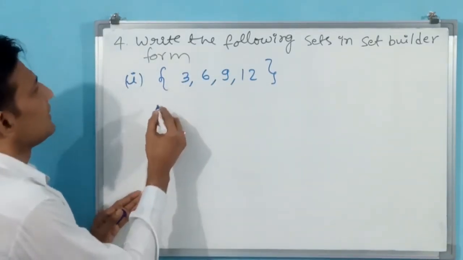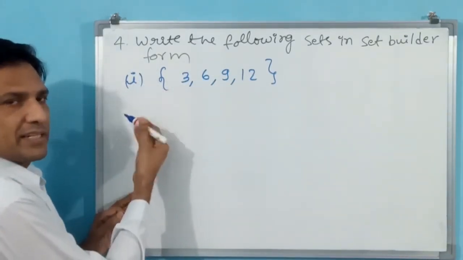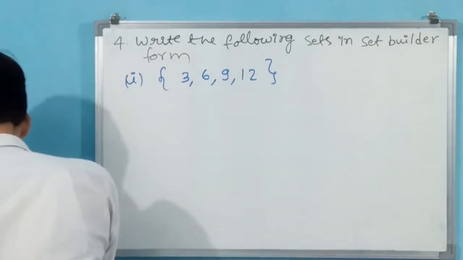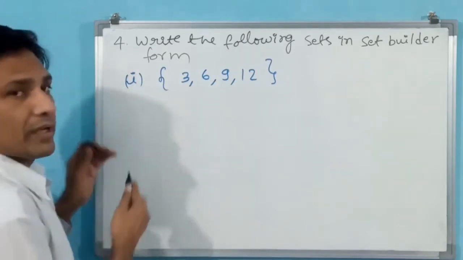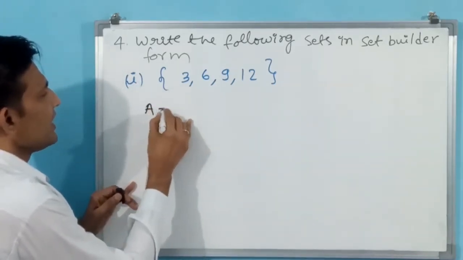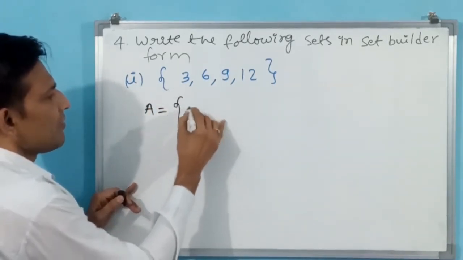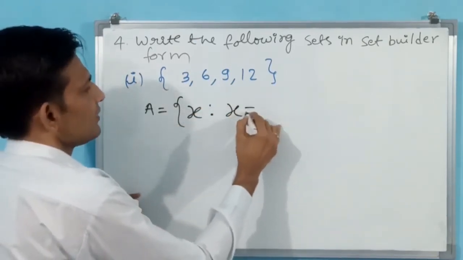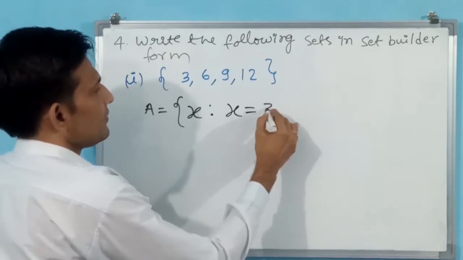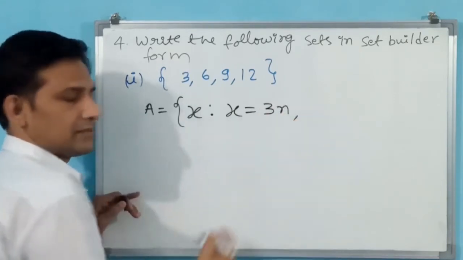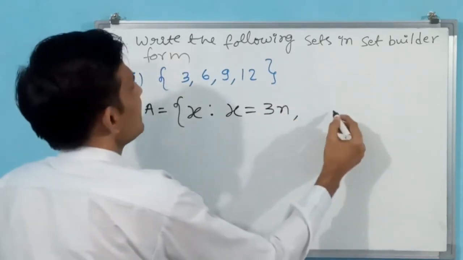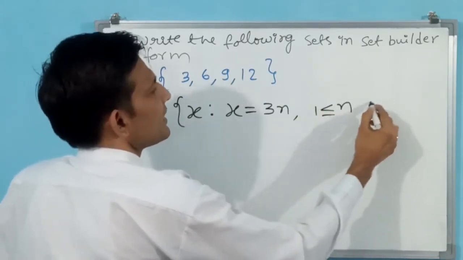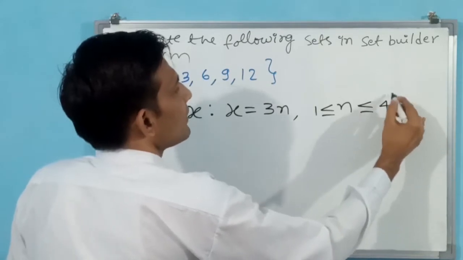First of all, they have not mentioned anything, so you can take A. Let us take A. A is equal to, for all the values of x, x is equal to 3n, where n is greater than or equal to 1 and less than or equal to 4.